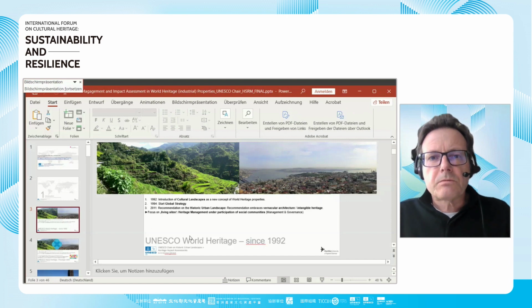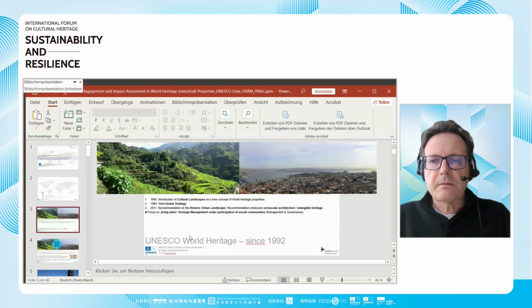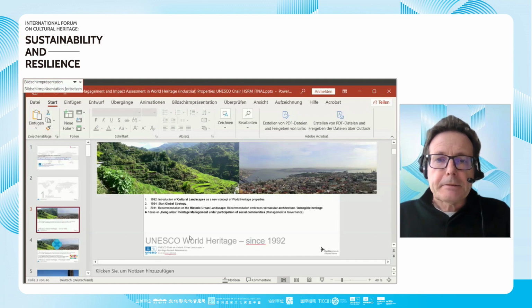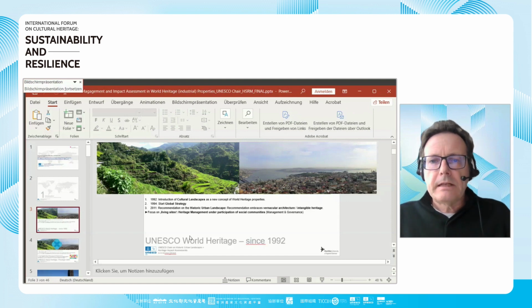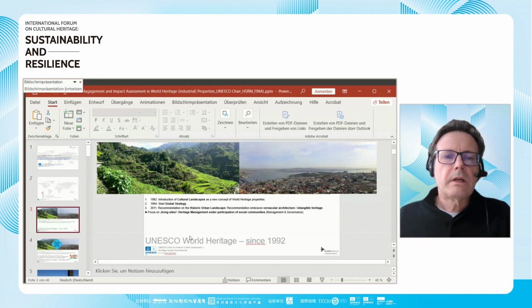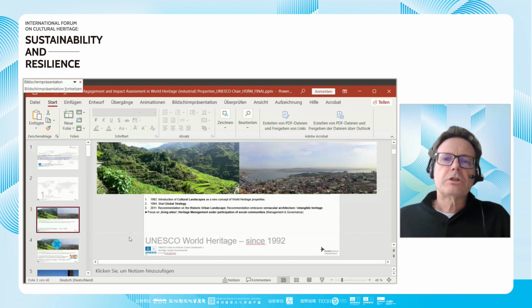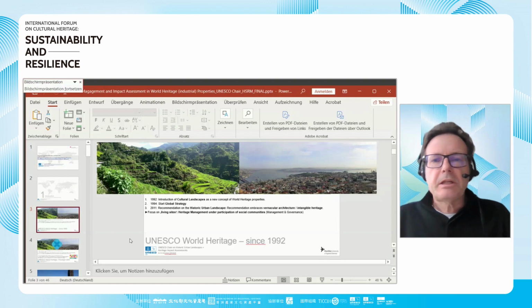And inter alia, the decision was taken to include cultural landscapes, as well as later on urban landscapes, into the World Heritage List. And these landscapes as World Heritage properties, of course, also are living sites, which are mostly maintained by people, where people are living in and changing this environment each day.